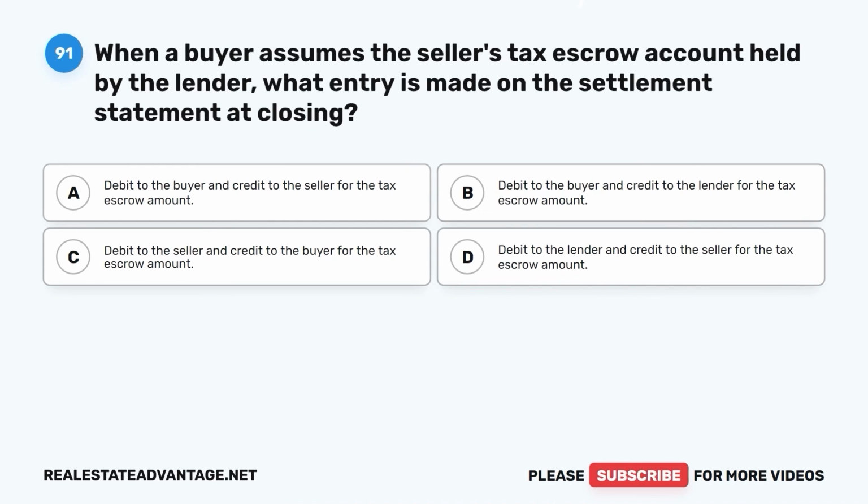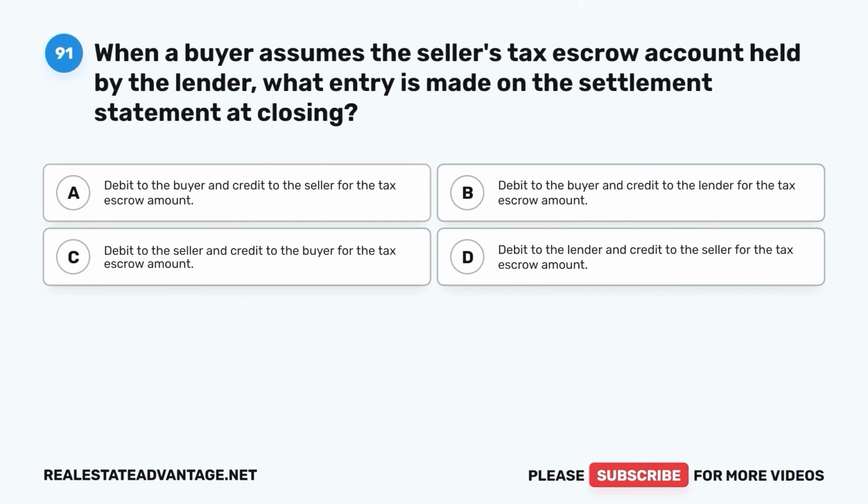Question 91. When a buyer assumes the seller's tax escrow account held by the lender, what entry is made on the settlement statement at closing? A. Debit to the buyer and credit to the seller for the tax escrow amount. B. Debit to the buyer and credit to the lender for the tax escrow amount. C. Debit to the seller and credit to the buyer for the tax escrow amount.